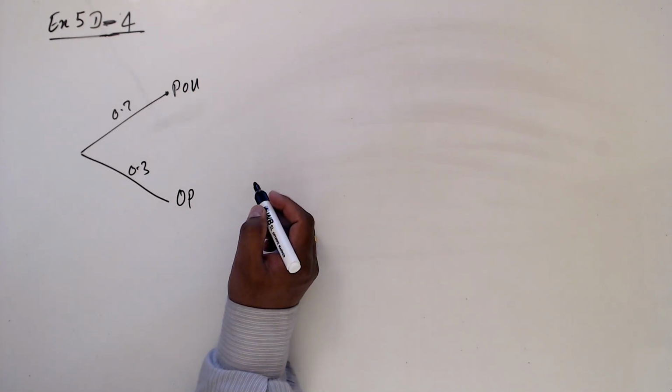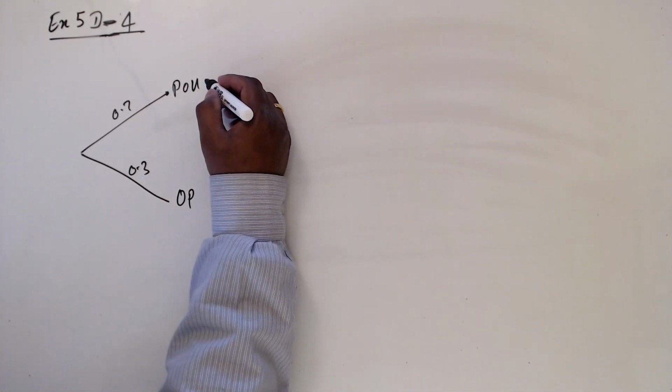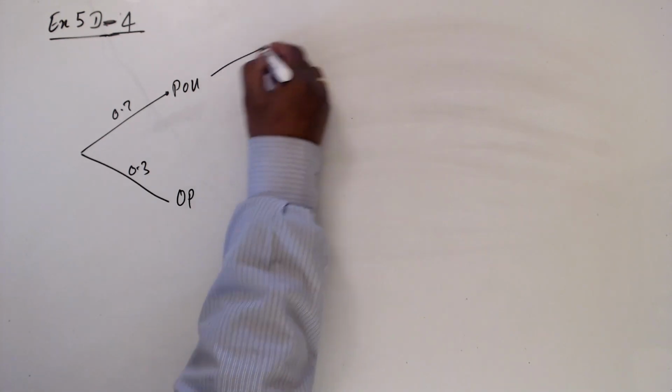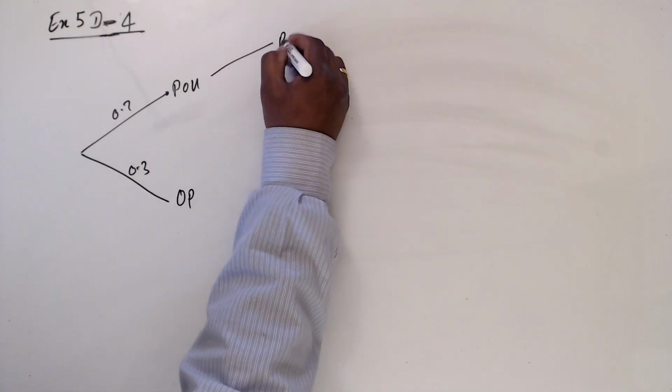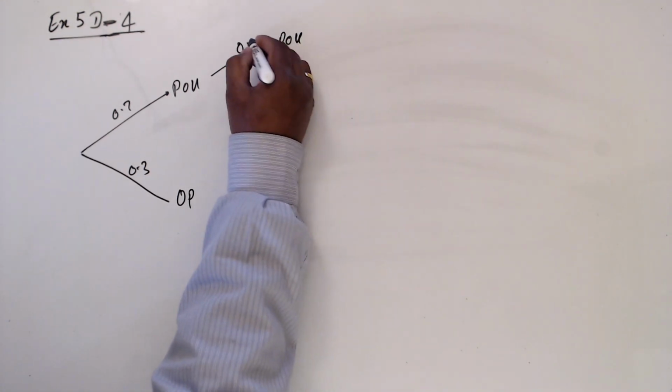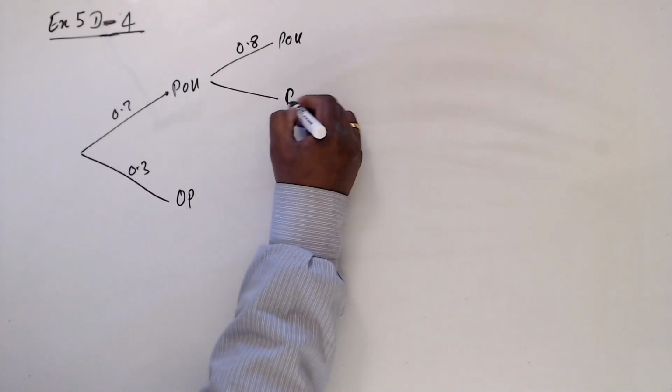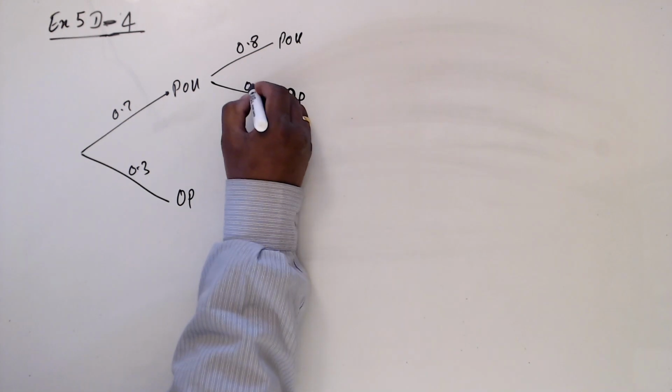If we manage to score par or under on the first, then the second hole is 0.8 par or under, so over par is going to be 0.2.